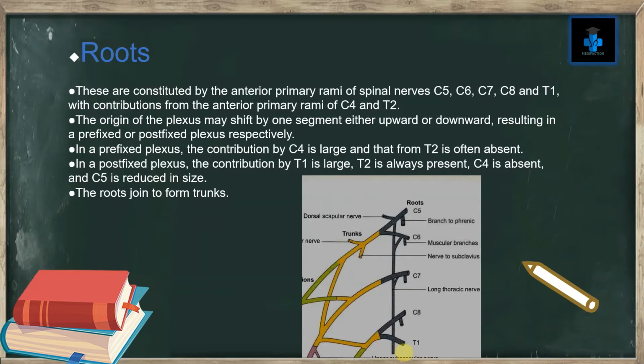In a prefixed plexus, the contribution by C4 is large and that of T2 is often absent. In a postfixed plexus, the contribution by T1 is large, T2 is always present, C4 is absent, and C5 is reduced in size. The roots join to form the trunks right here.